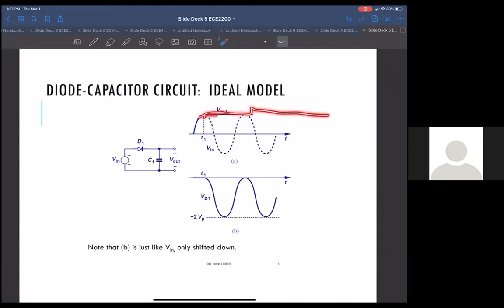The input is still chugging along, going to the full negative value. So if you look at the voltage across this diode, it tends to go to twice the peak voltage. If the input goes from VP to minus VP, the voltage across this diode goes to 2 VP.